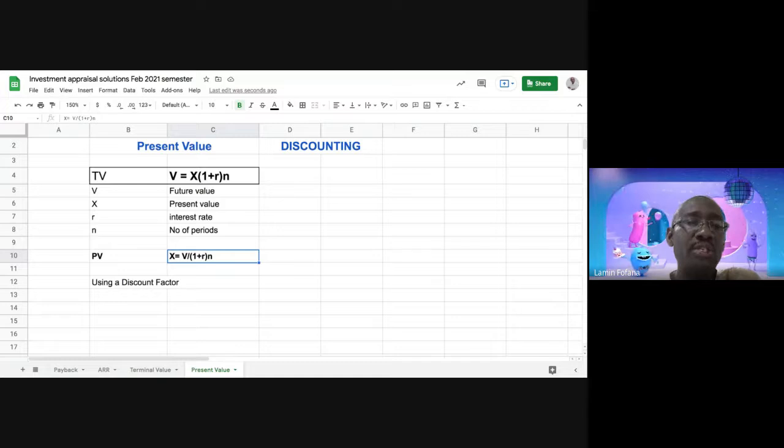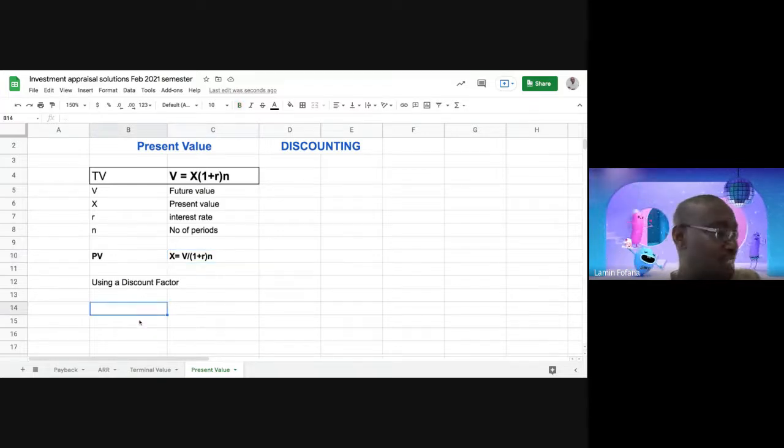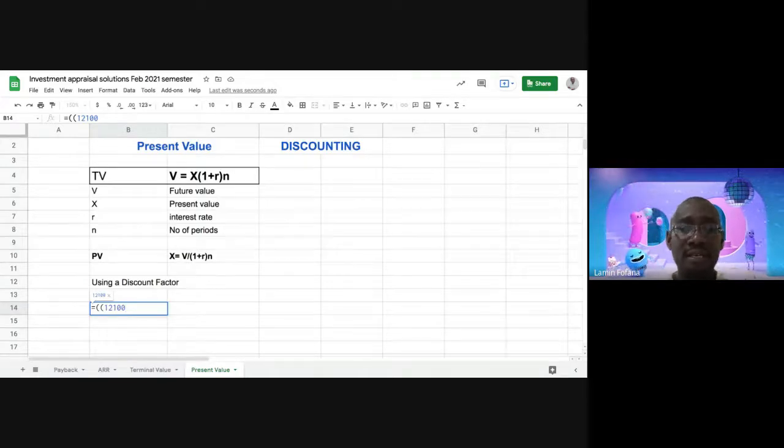You know, when we looked at this formula, we said for the second year, it's going to be what? 12,100 equals, bracket opens, 12,100, isn't it?